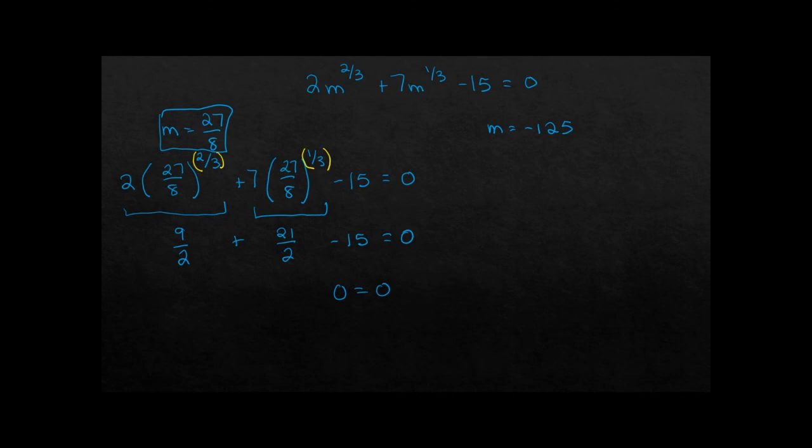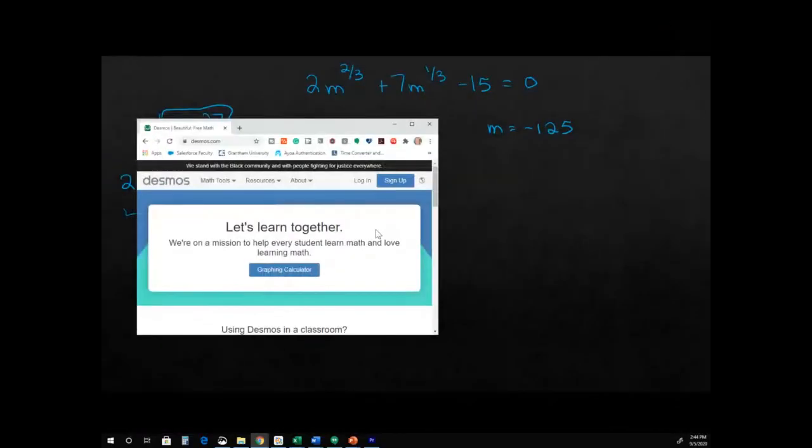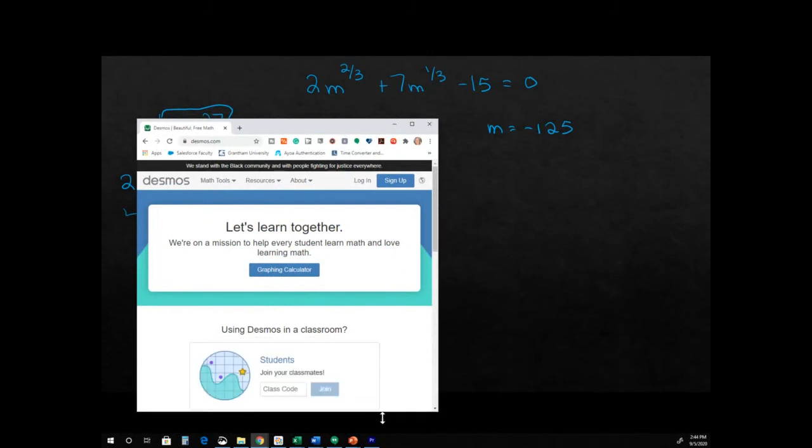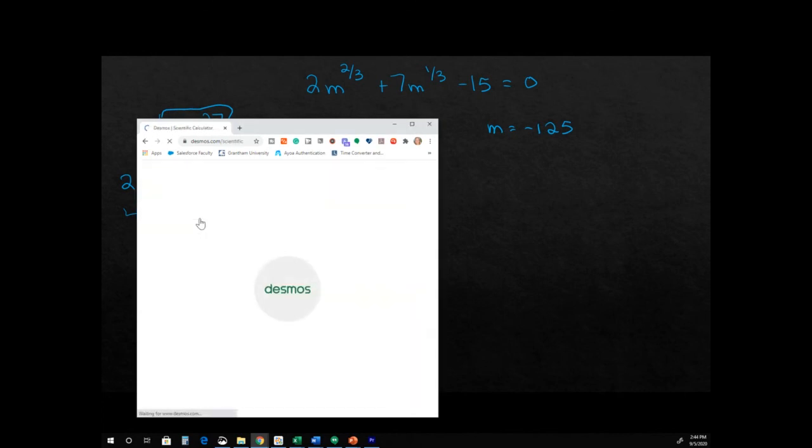Now what I'm going to do is the second one. I'm going to open up Desmos and use the Desmos scientific calculator to enter it in. We don't want the graphing calculator, we want the scientific calculator here.